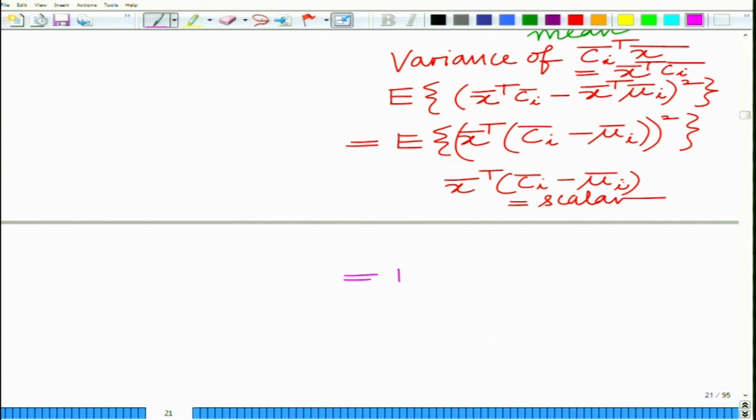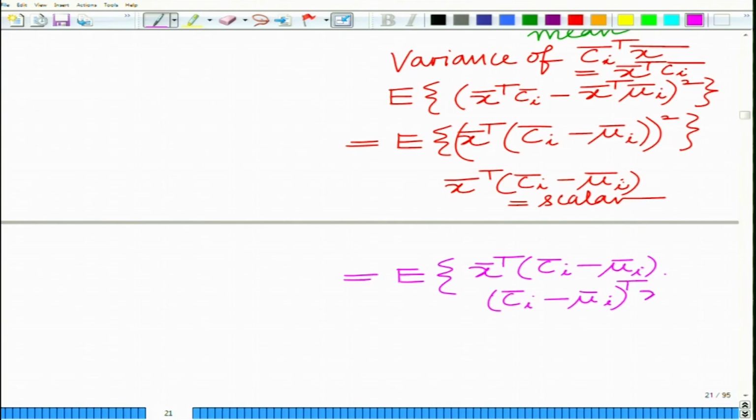So, this is therefore equal to the expected value of x bar transpose (C bar I minus mu bar I) times its transpose, which is (C bar I minus mu bar I) transpose times x bar.